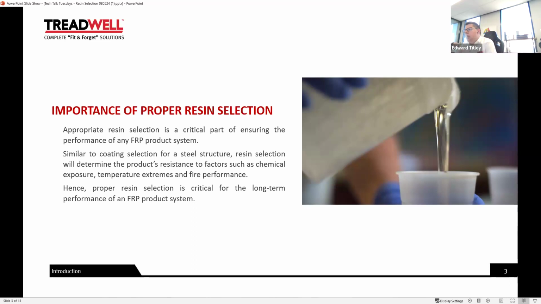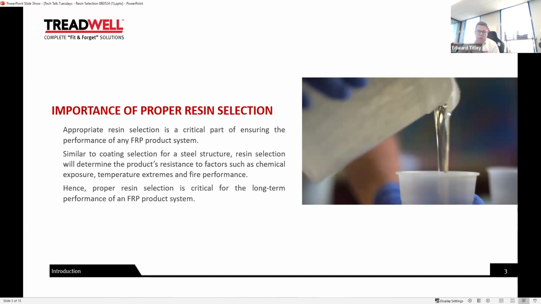So look, appropriate resin selection is a critical part of getting the proper performance from your FRP product. Probably the best analogy I can give is resin selection is like a coating spec or a paint specification for a steel structure. That coating specification is going to dictate how the product does in relation to exposure to chemicals, exposure to corrosive substances, these sort of things.